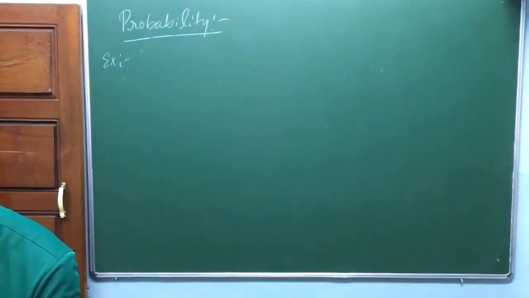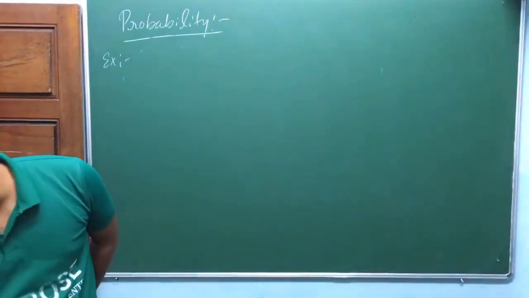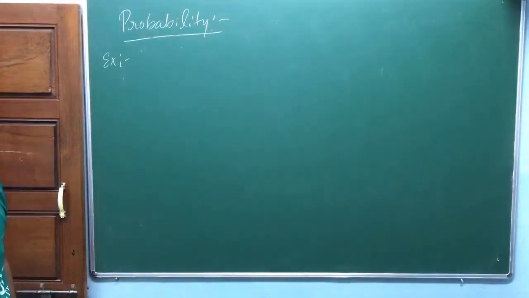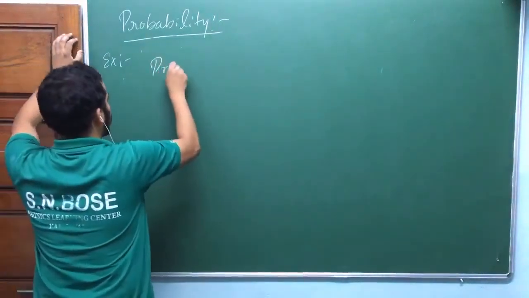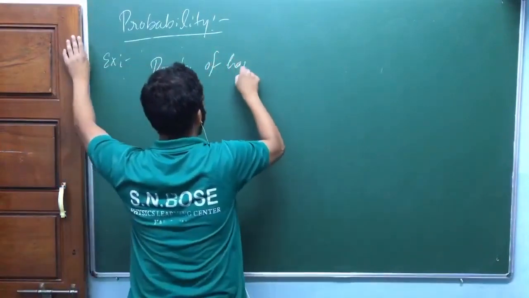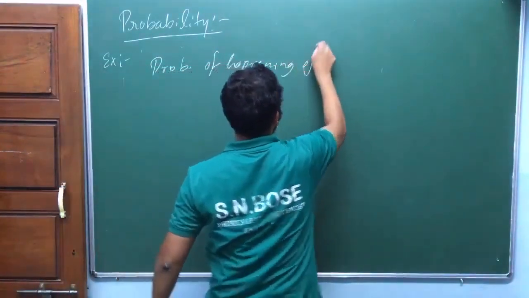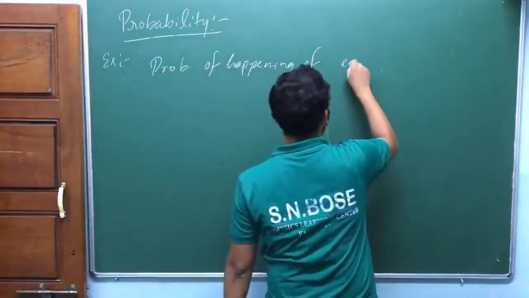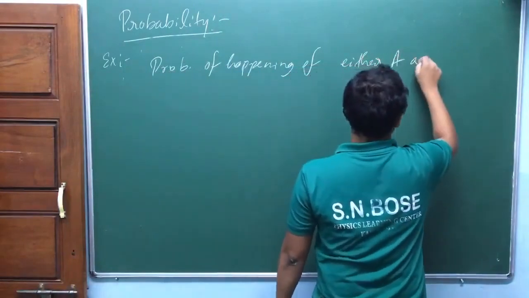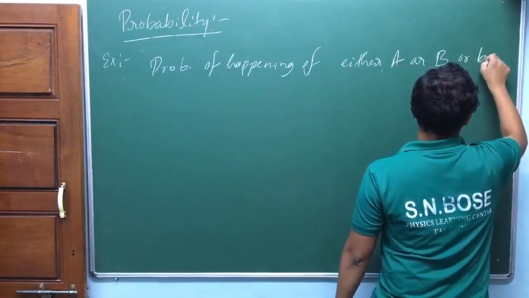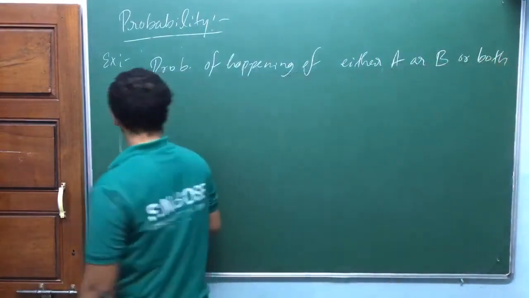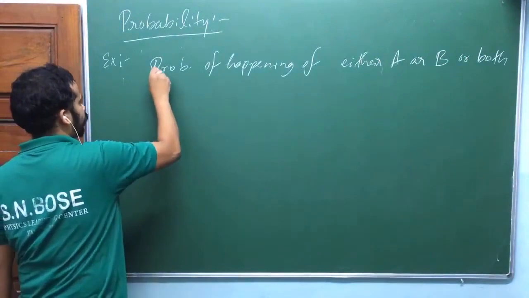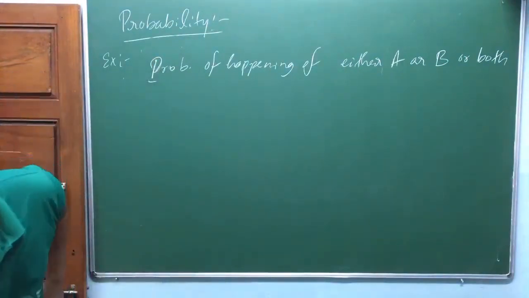So next one is, look at here, the probability of happening of either A or B or both. Probability of happening of either A or B or both.